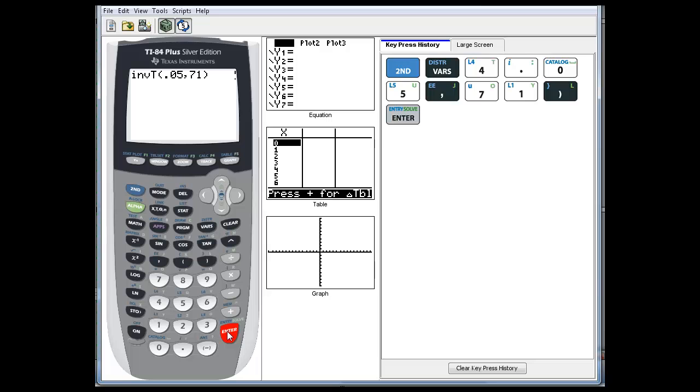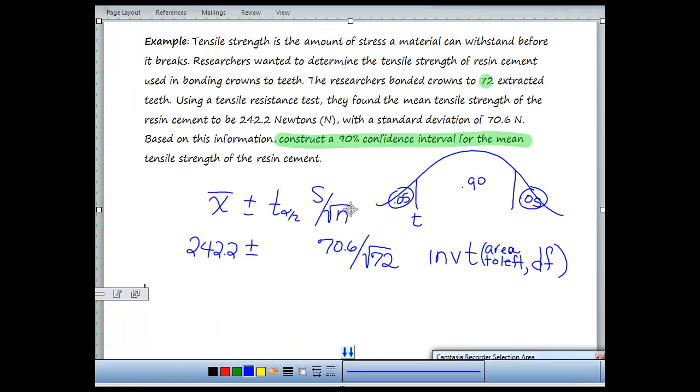And we get negative 1.666. We'll just call it negative 1.67. So I can use 1.67 as my t-value, because we're going to do plus and minus in our formula already.